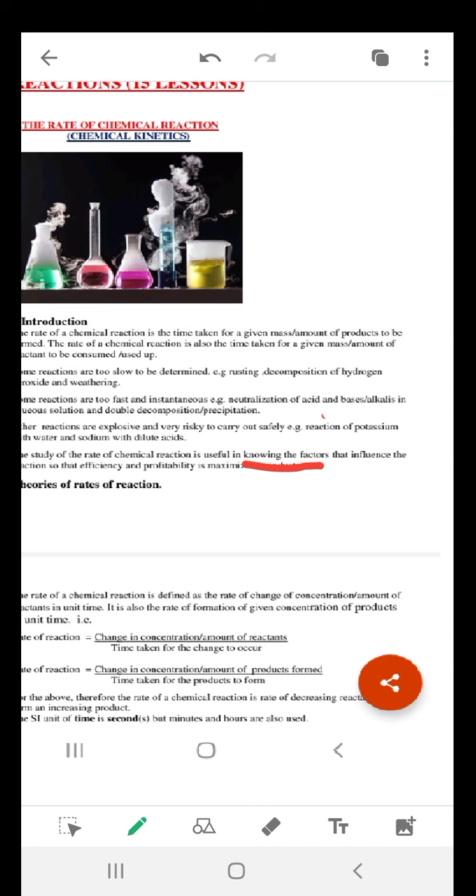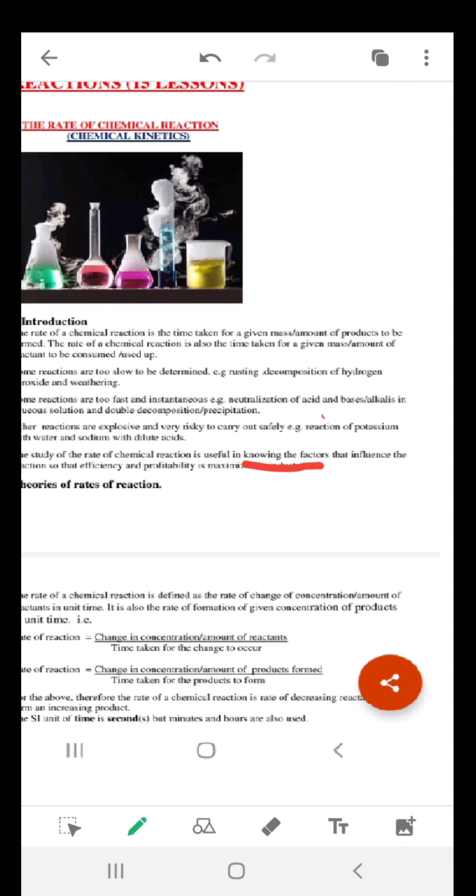So there are different types of reactions. There are some reactions that are too slow. There are some reactions that are very fast, and there are some reactions that are very explosive. So, students, do you know some examples of reactions that take place? Some of these examples are rusting. Rusting is a chemical reaction, but it's very slow.